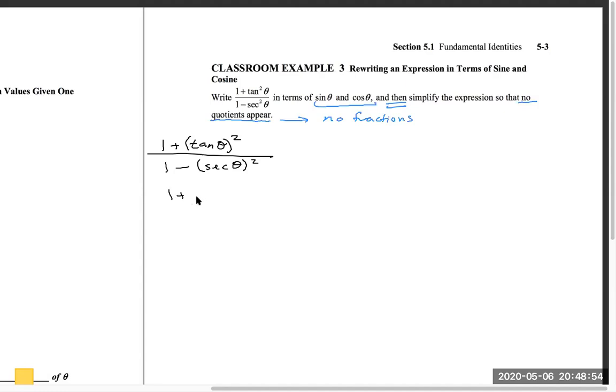So 1 plus doesn't change. 1 minus doesn't change. The expressions we replace: tangent theta is equal to sine theta over cosine theta, and secant theta is equal to 1 over cosine theta.